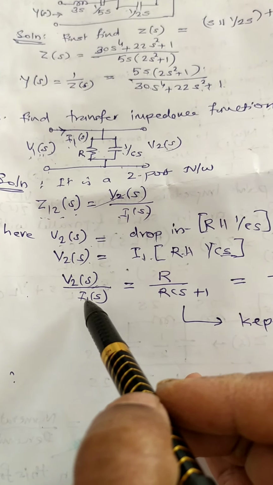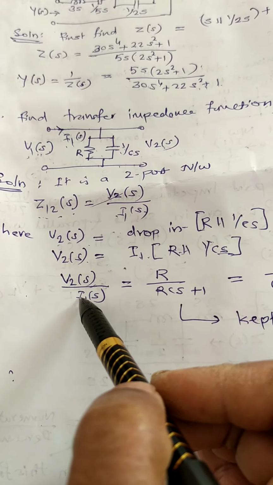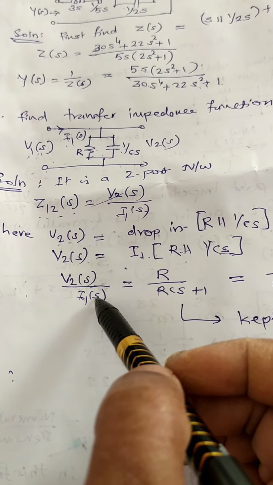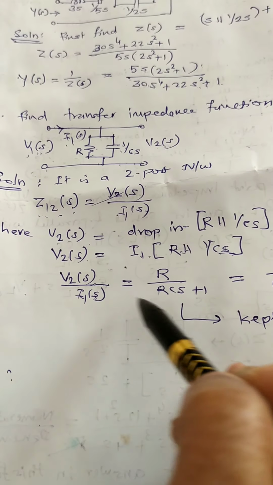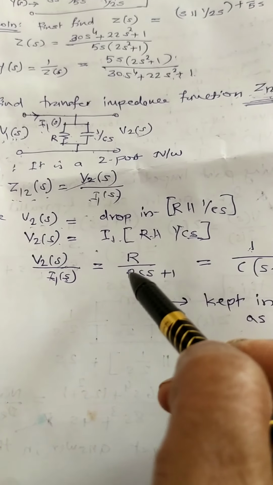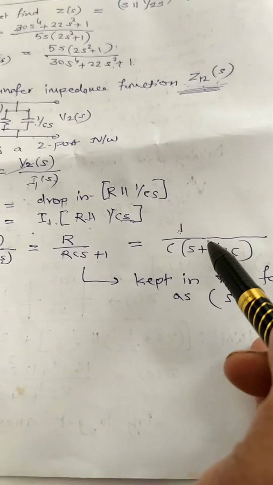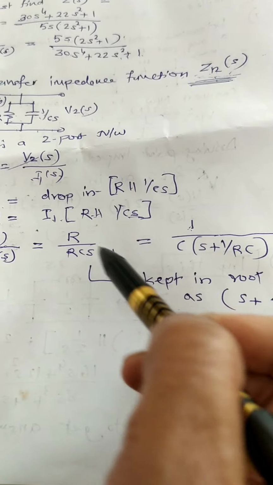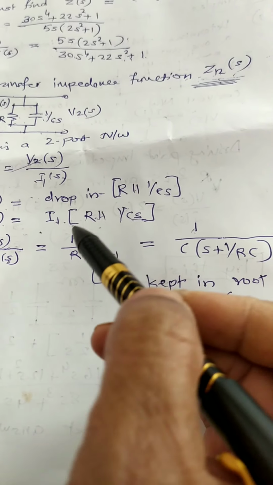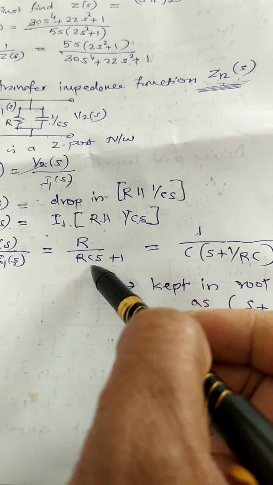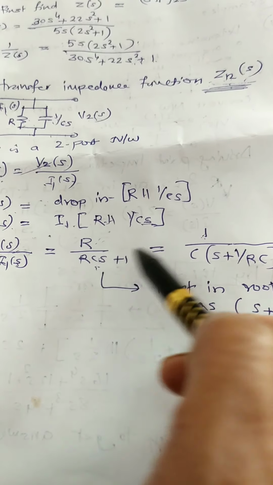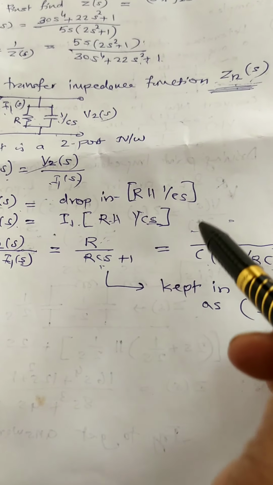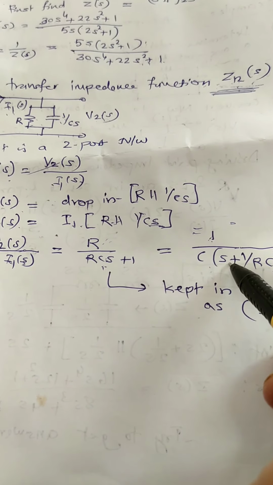And similarly I1. It is so simple. Instead of calculating I1 here, you simply write I1 of S here. So this I1 of S and this I1 get cancelled. You will get R by RCS plus 1. Now what adjustment do I have to make? I have to keep these polynomials in the form of roots. Roots will be a constant multiplied by S plus something, S plus something in the numerator as well as the denominator.